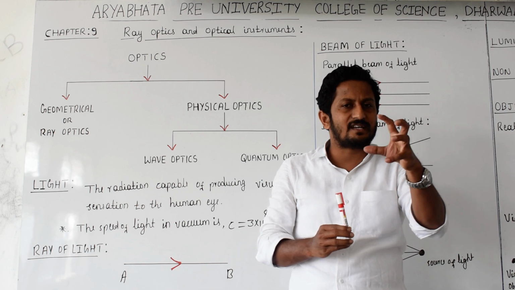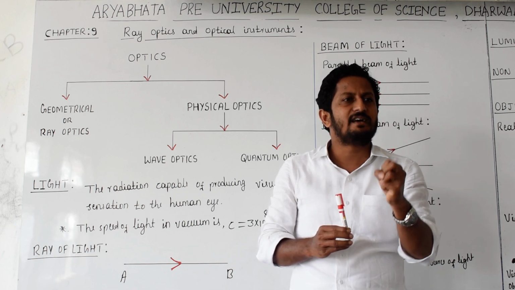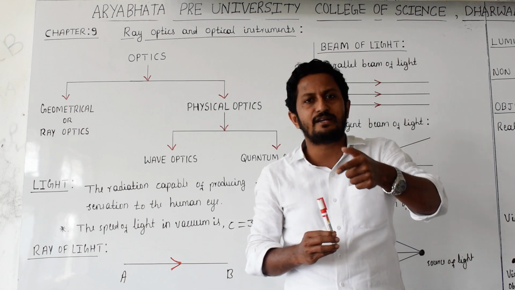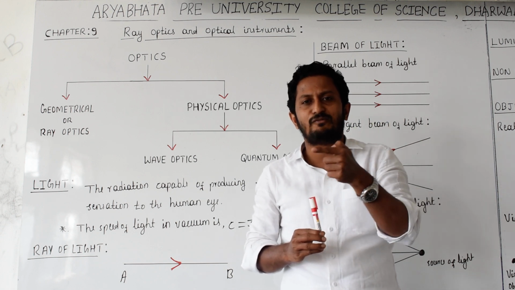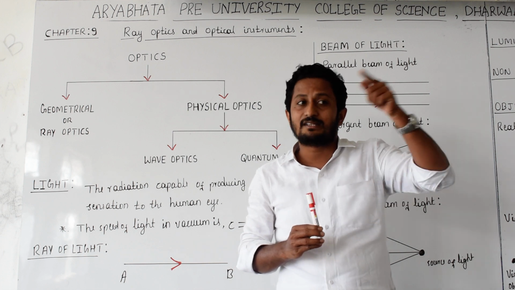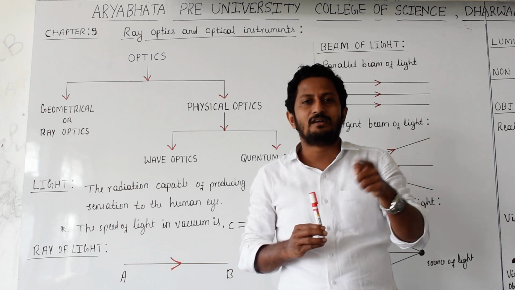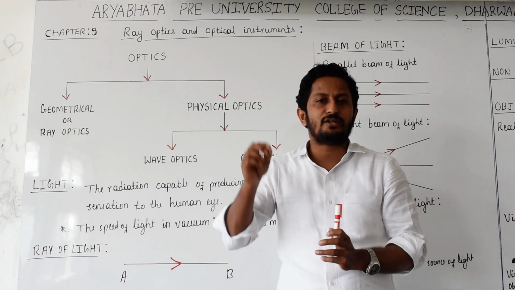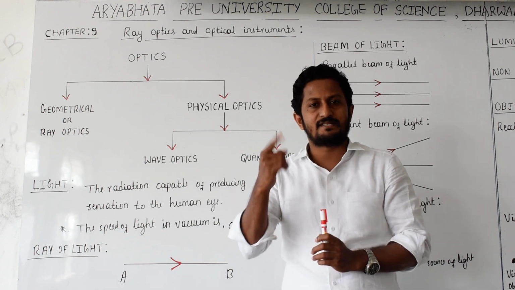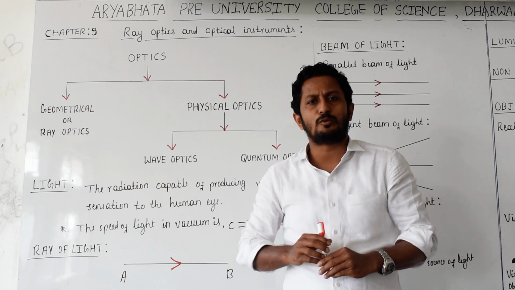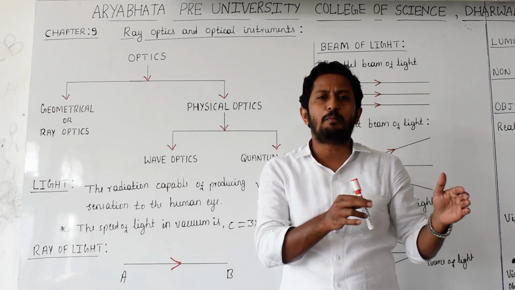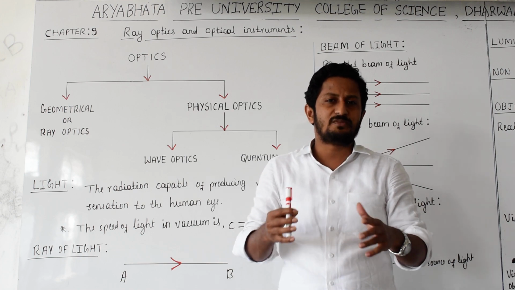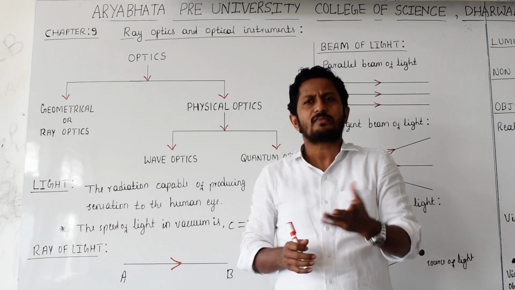Those objects again absorb that energy and re-emit it. When those re-emitted light rays enter your eye, an image of that object is formed from where these light rays entered your eye. Then your brain will feel the presence of that object. With the help of a burning candle also we can see the objects around us.